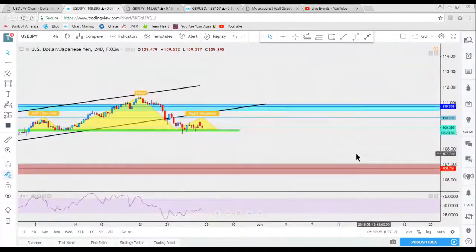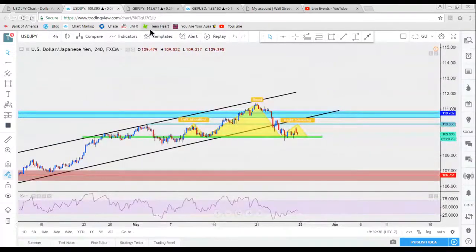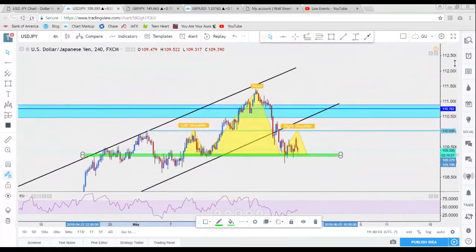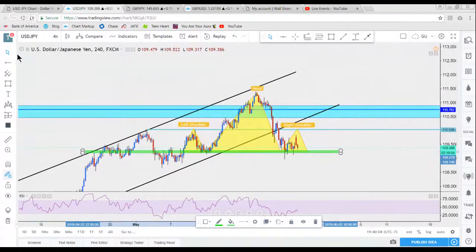So if this is where price is finding support right here, that means that we could definitely see this right shoulder form, especially because it served as support here and here, kind of reversed here, but didn't go too low, not even 100 pips.